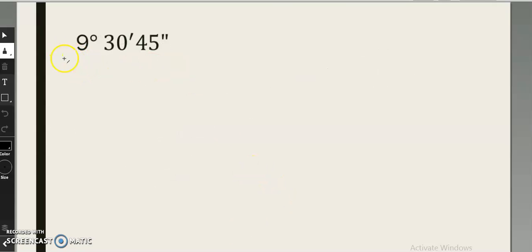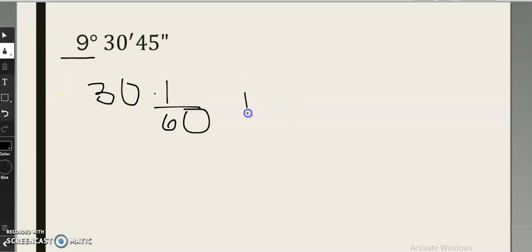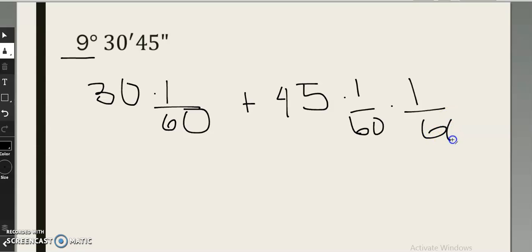Now let's go the other way. Again, just like we did before, we know we have 9 full degrees. The second part would be 30 times 1/60th for our minutes, plus 45 times 1/60th of a minute times 1/60th of a second.